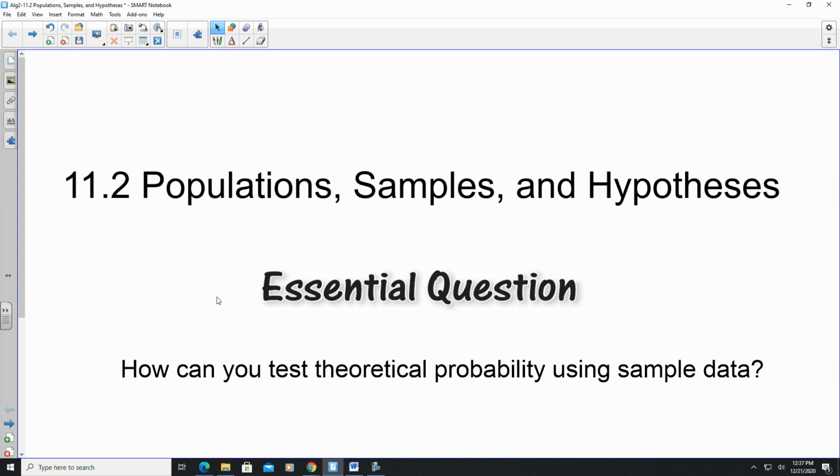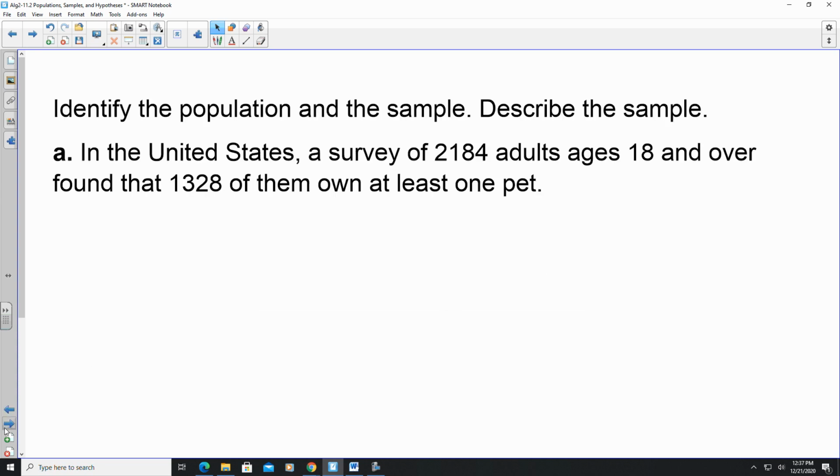So first off, we're going to talk about population and sample. Here they want us to identify the population and sample of this example. So the first thing we have to figure out is what does it mean to be a population, and what does it mean to be a sample?